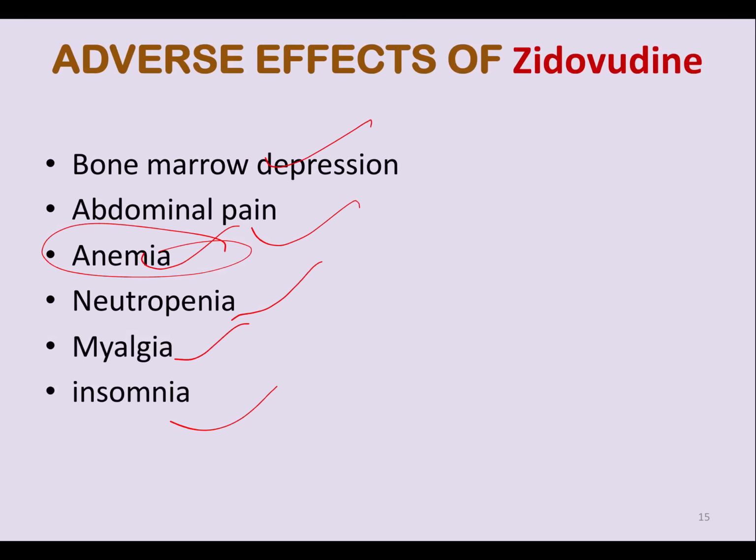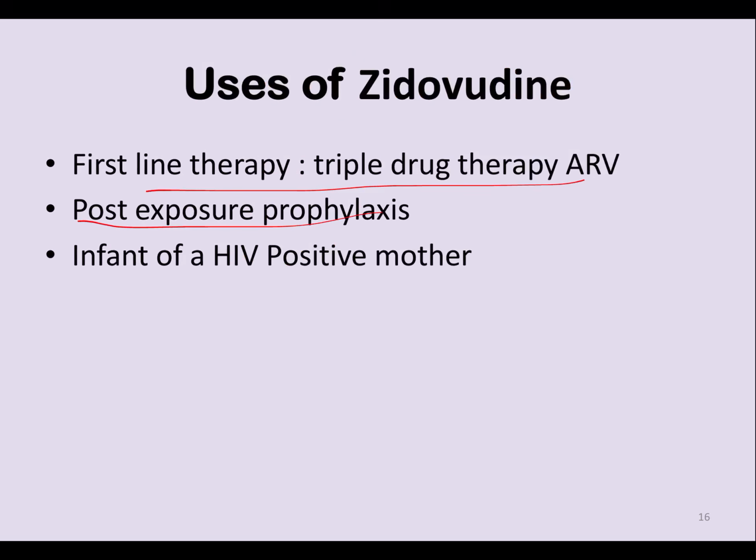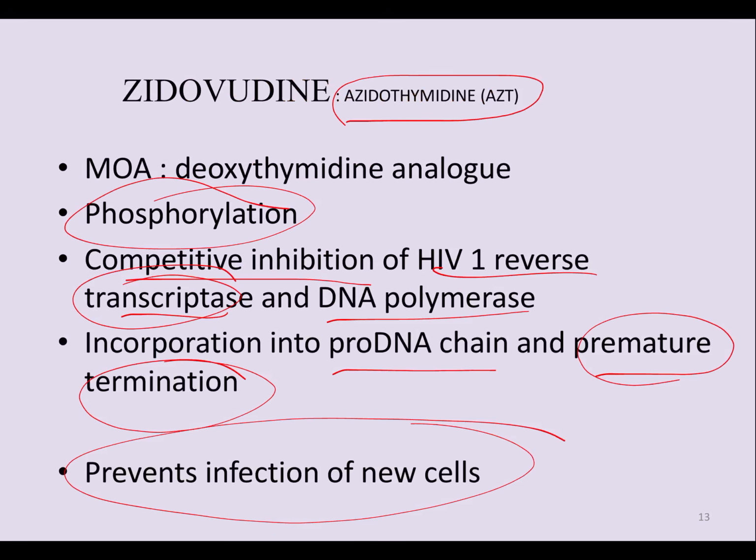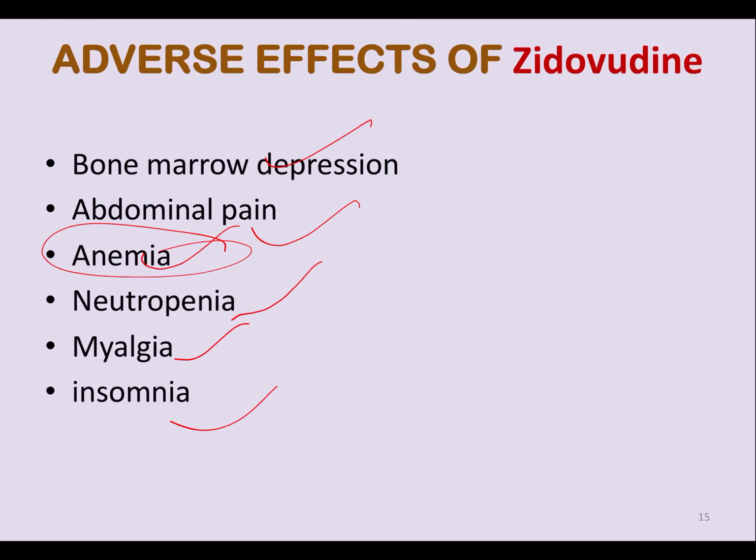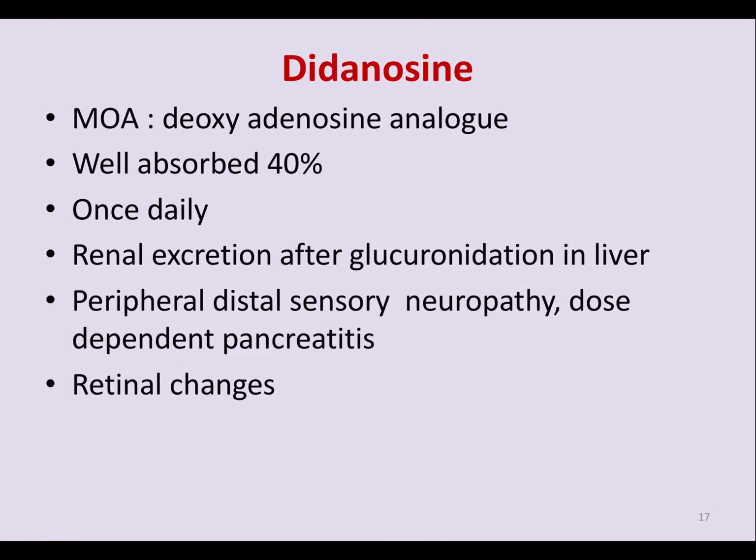Adverse effects: anemia, neutropenia, myalgia. It's used in the treatment of HIV and it's also used in post-exposure prophylaxis and for a newborn of an HIV positive mother. Coming to the next drugs, among the nucleoside reverse transcriptase inhibitors, also called NRTIs.